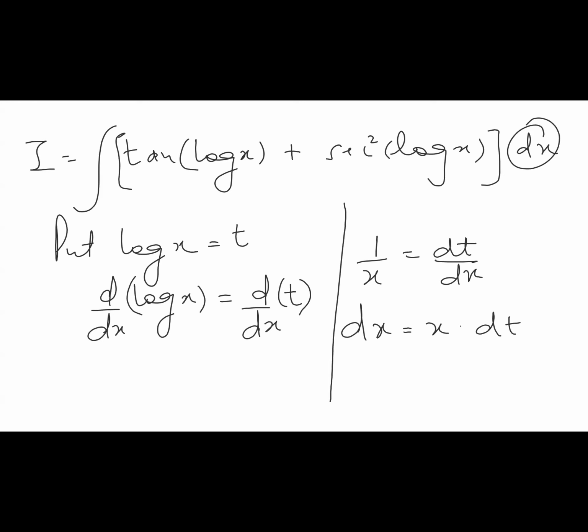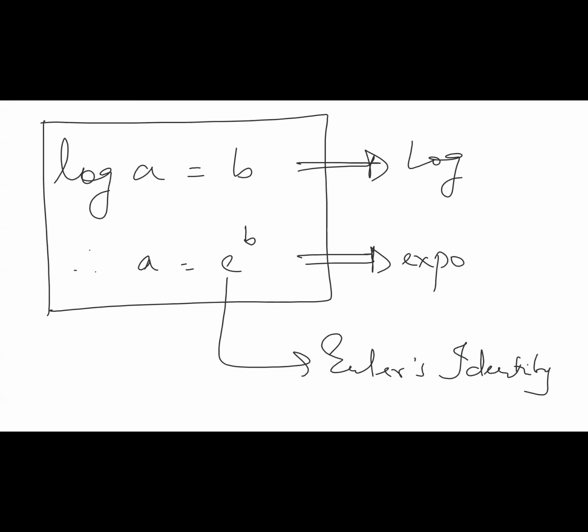Now we have to eliminate this x. So we'll write dx as, now log x is equal to t, so you can apply this property. If log x is equal to t, x is equal to e raised to t.